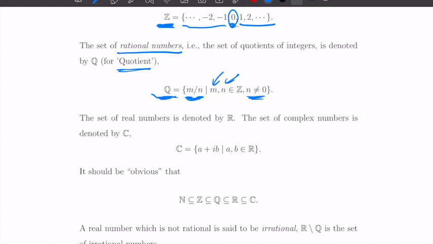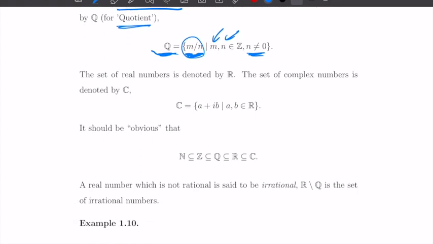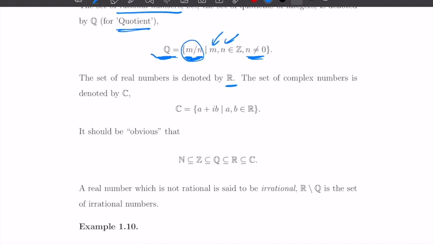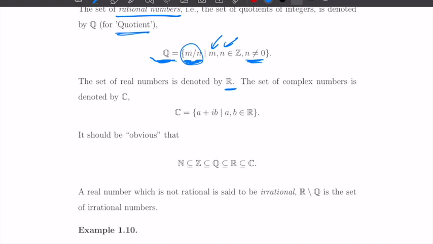Q represents quotient. And the set of real numbers is denoted by R. We don't go into the details of what real numbers are, but I assume you somehow intuitively know what real numbers are. And the set of complex numbers is denoted by C. Of course, it stands for complex.